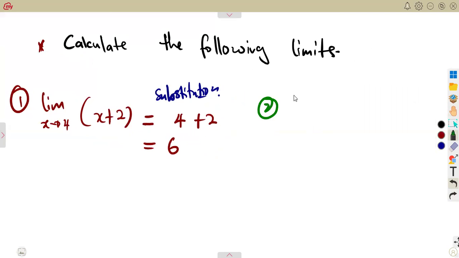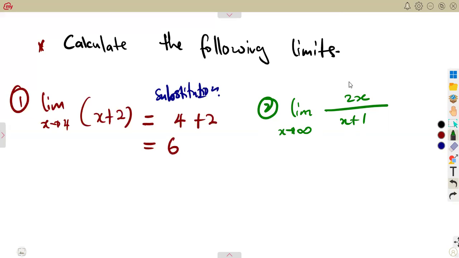You are given, maybe, the limit of 2x over x plus 1, as x approximates to infinity. So remember the infinity concept that we had.